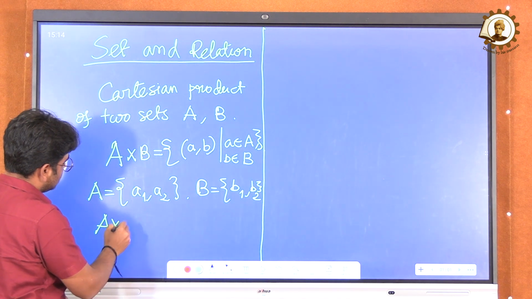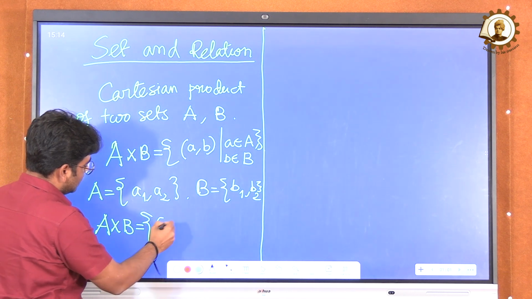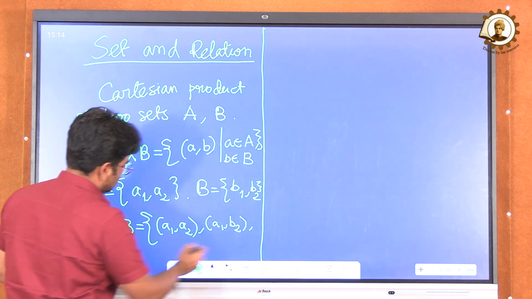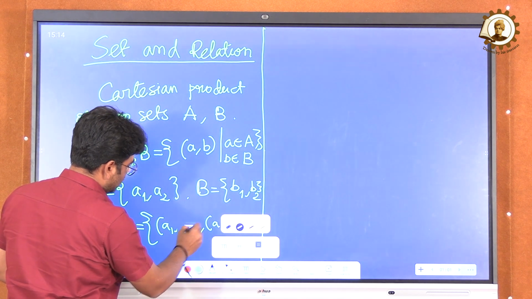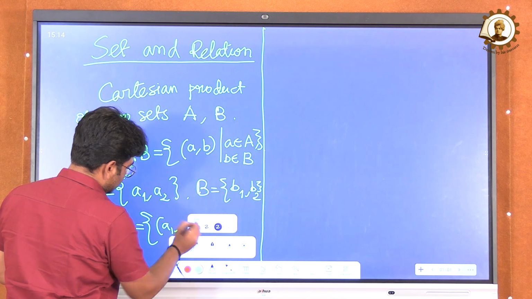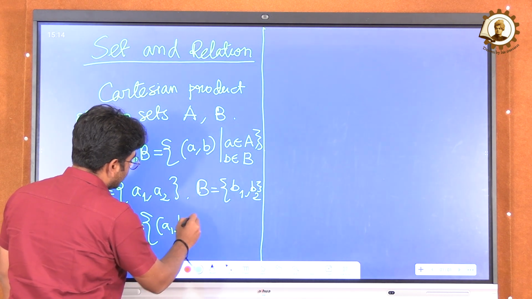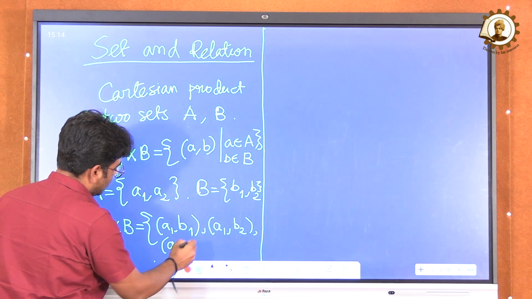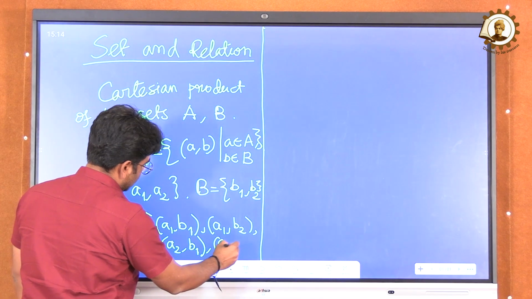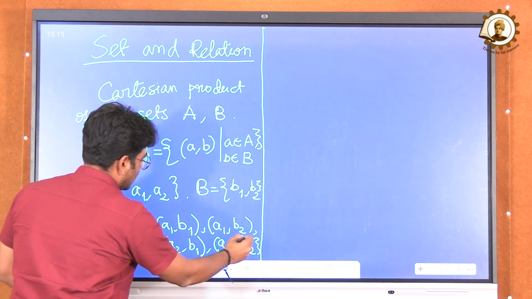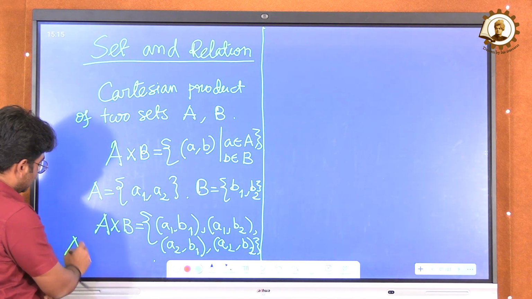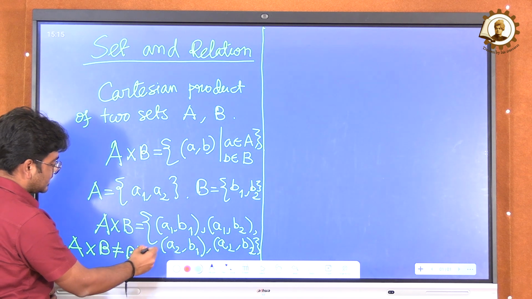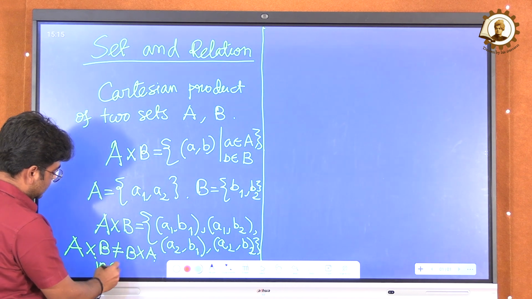Then A cross B contains A1, B1; A1, B2; A2, B1; and A2, B2. It is to be noted that A cross B is not, in general, the same as B cross A.